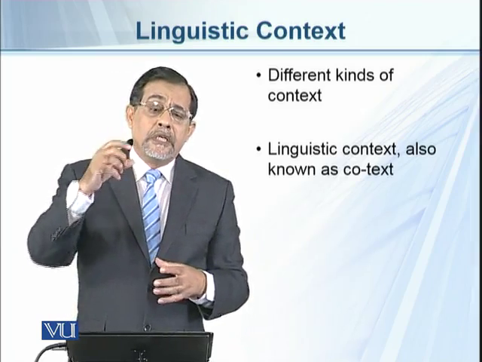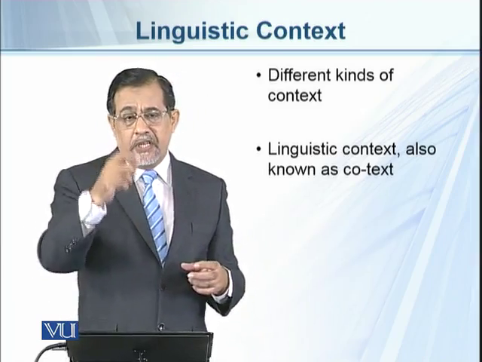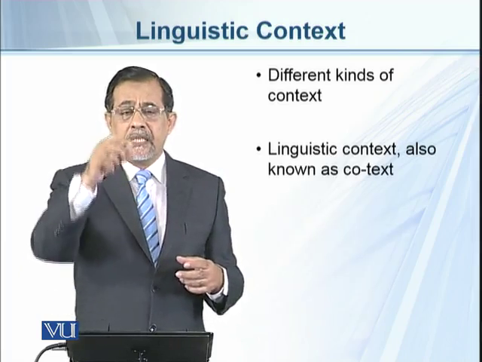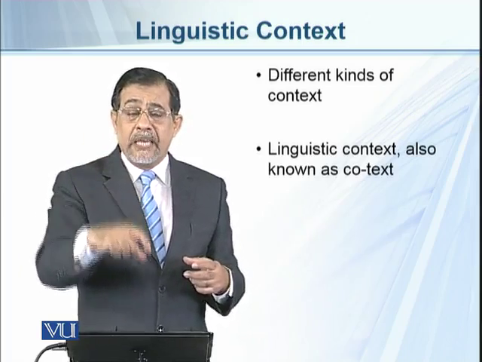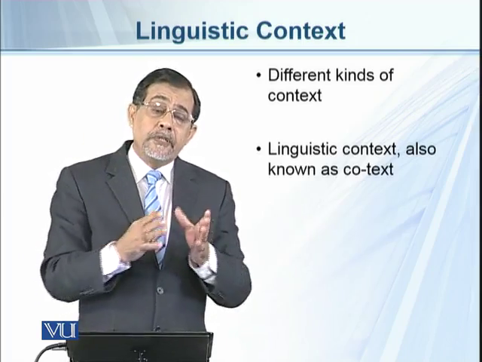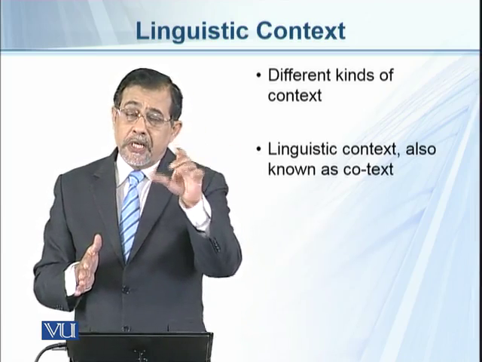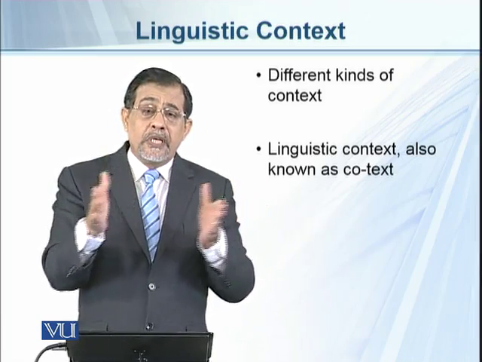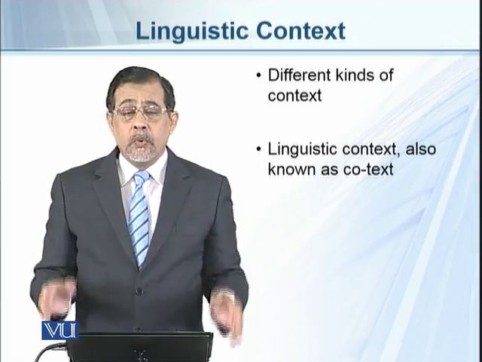When I say on a certain date this incident took place, in this context, because of the incident took place, the word date refers to a certain time, a certain day of a certain month. So the linguistic context or co-text is very important to understand.